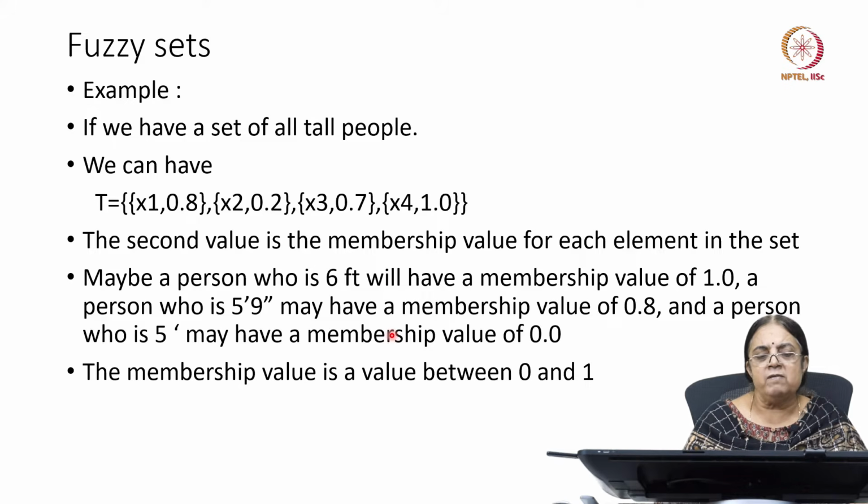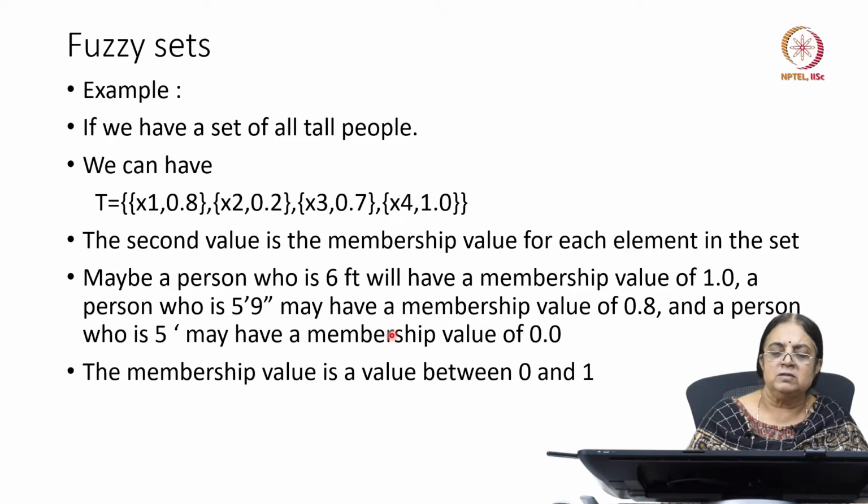But we can have a fuzzy set. For example, suppose we say the set of all tall people. A person who's say 6 feet belongs to the set with membership 1, a person who's say 5'9" may belong to the set with membership like 0.7, and a person who's 5 feet may belong to the set with a membership value of 0, or in other words doesn't belong to the set.